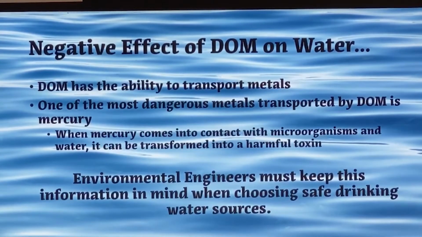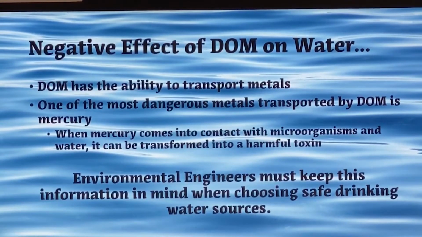A negative effect of DOM on water is that it has the ability to transport certain metals. One of the most dangerous metals transported by dissolved organic matter is mercury. When mercury comes into contact with microorganisms and water, it can be transformed into a harmful toxin.